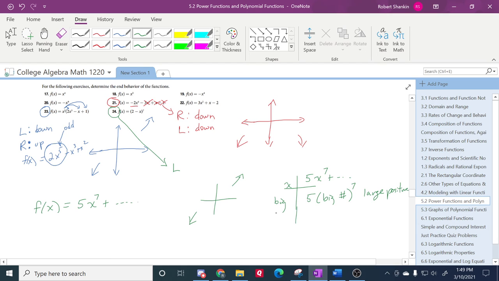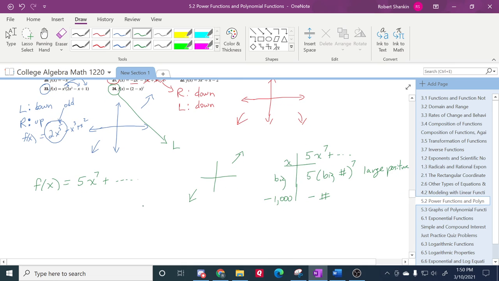When you put in a negative big number, like negative 1,000, you're going to get a negative number because you're raising it to an odd power. All you have to do is focus on the leading term.